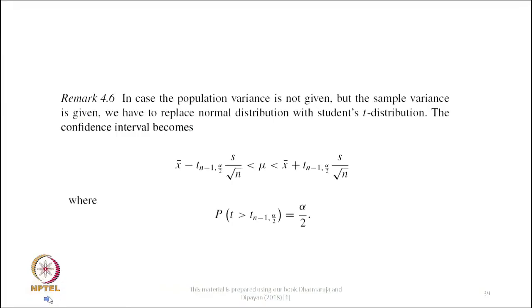So, here we are using the sample standard deviation, and all other values are known. By varying alpha, you will have different intervals, and still the interval is a random interval, that you should also remember.